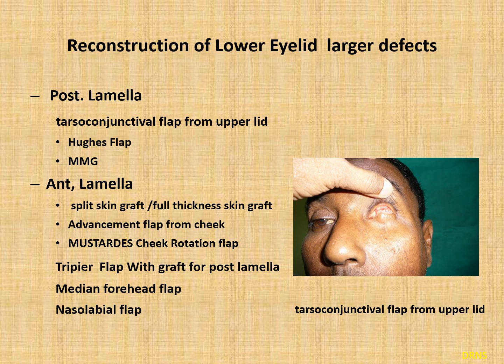Anterior lamella with split skin graft or full thickness skin graft, or advancement flap from cheek. Mustardé cheek rotation flap can be used. Tripier flap with graft for posterior lamella, median forehead flap, or nasolabial flap.